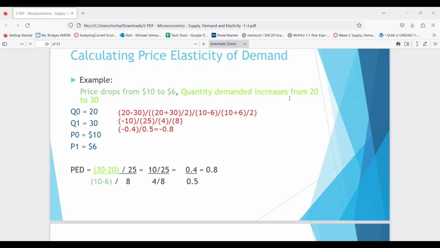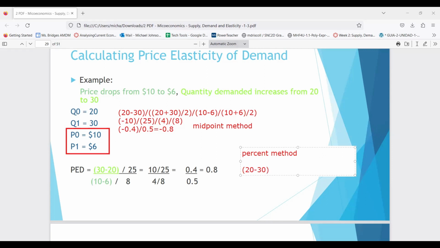So these should be reversed here. They should be the opposite. So this would be the midpoint method here. And then to get the percent method, you would do 20 minus 30 divided by 30, and divide that by 10 minus 6 divided by 6.